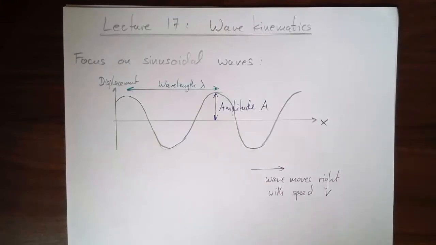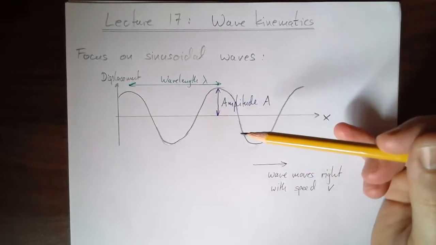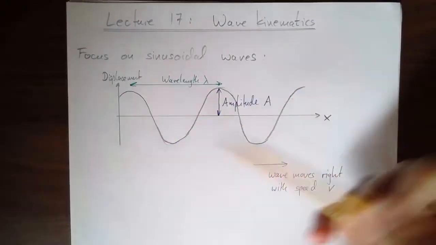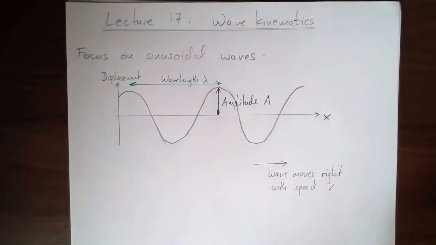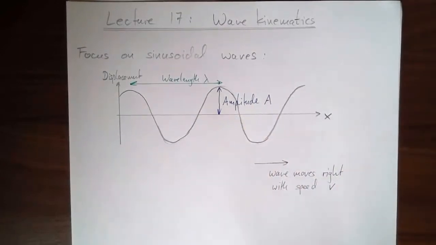As promised in the previous lecture, I'm going to eventually explain why sinusoidal waves are so special, and how they are the foundation of any other wave shape you can think of. But I'm going to postpone that. Right now we're just talking about sinusoidal waves and how to describe them.